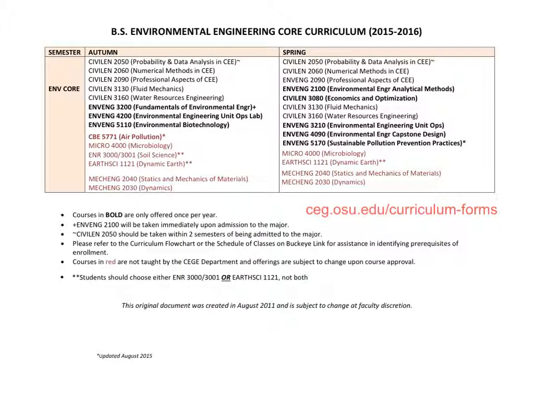One of the things we really want you to make sure that you do in the environmental engineering program is try to complete fluid mechanics and then water resources engineering as soon as you can. The requisite for fluid mechanics would be ME 2030, the dynamics course, and then the requisite for water resources engineering is fluid mechanics.